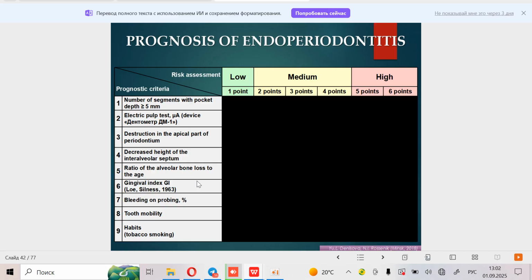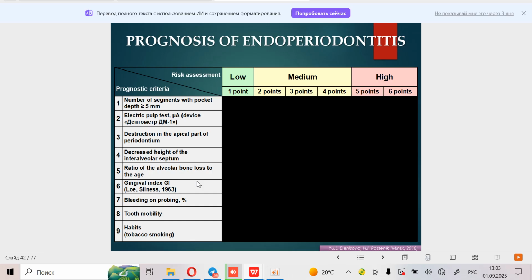The prognosis of periodontitis includes 9 prognostic criteria of developing endoperiodontitis: number of segments with pocket depth 5 mm and more, electric pulp test, destruction of the apical part of periodontium, decreased height of the intra-alveolar septum, ratio of the alveolar bone loss to the age, gingival index GI, bleeding on probing, tooth mobility, and habits, tobacco smoking.